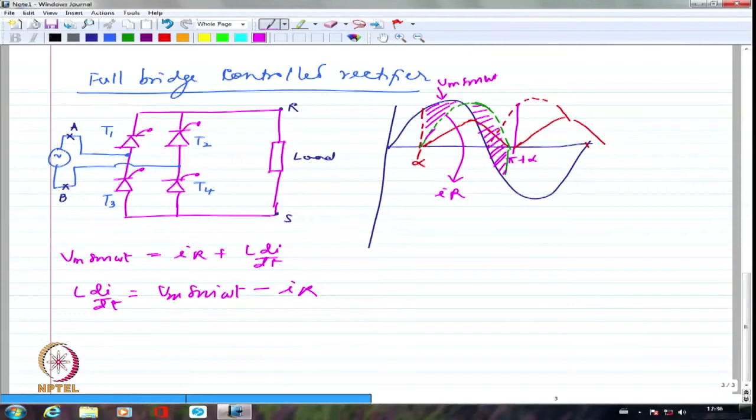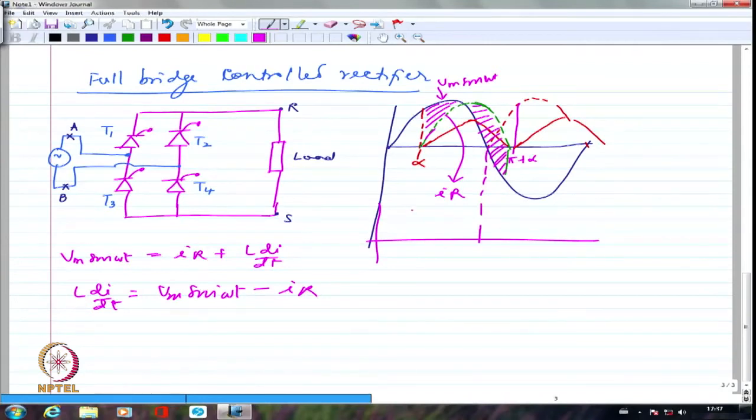Whatever VL is accumulating, the inductance is accumulating as energy. The entire thing has to be given back right away. So that is what is making the current continue into the negative half cycle side as well. If I try to look at the voltage during this kind of conduction, I am going to have essentially the voltage coming out somewhat like this.